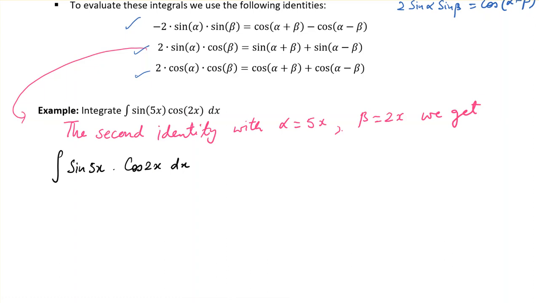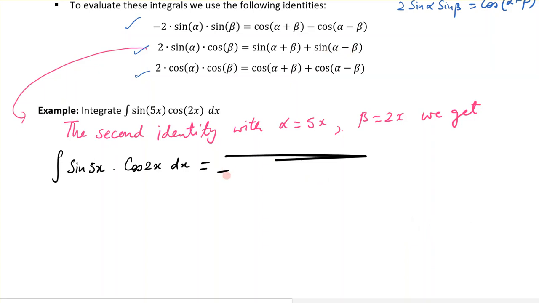So in this case, using the second identity, we get, so sine of 5x and cosine of 2x. So alpha we have 5x, beta we have 2x. So it would be half times sine of 5x plus 2x, which is going to be 7x, plus sine of 5x minus 2x. So that is going to be sine of 3x dx.